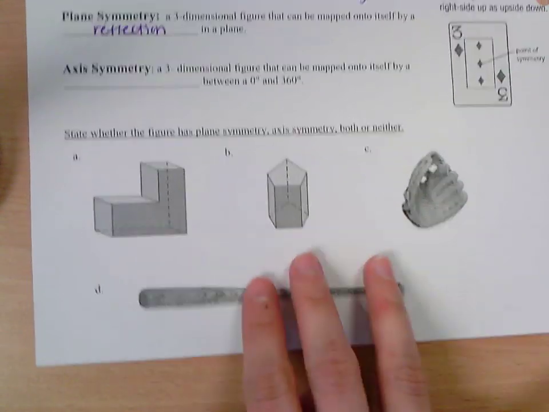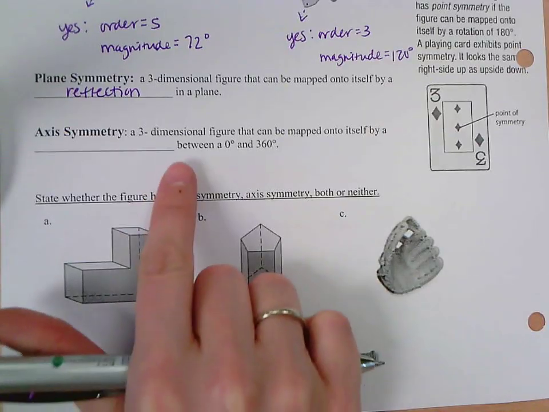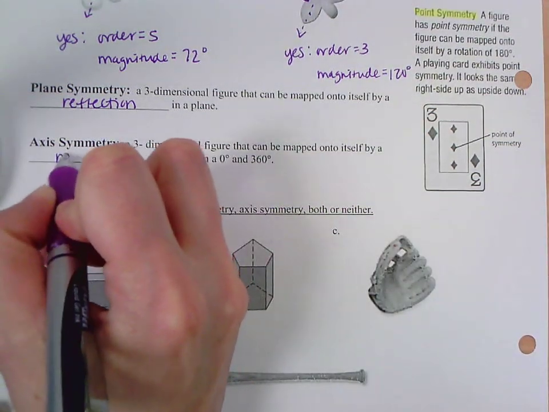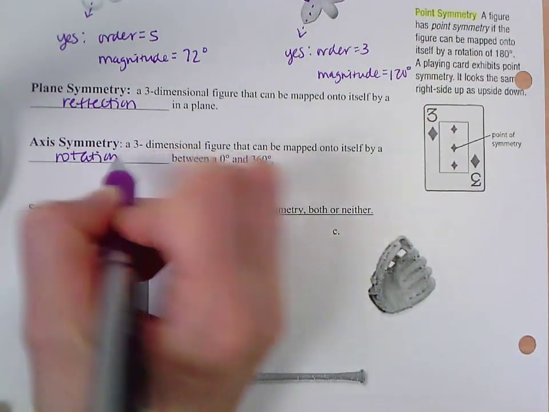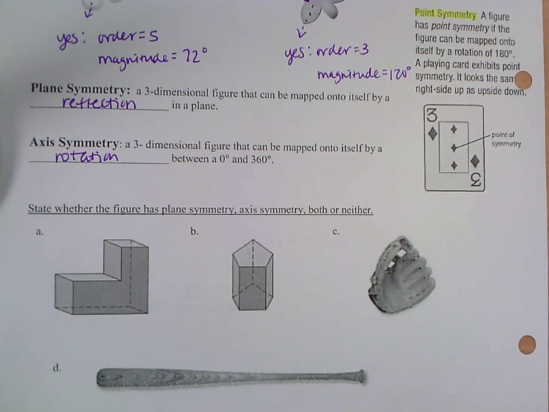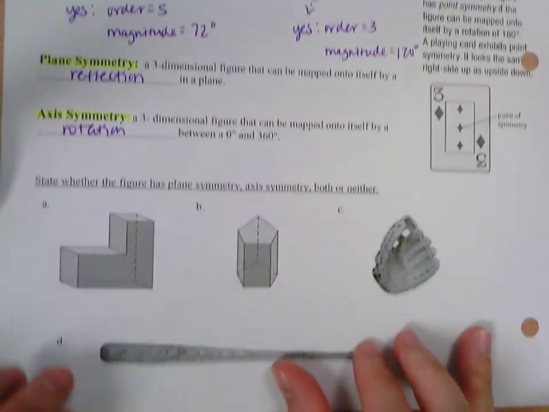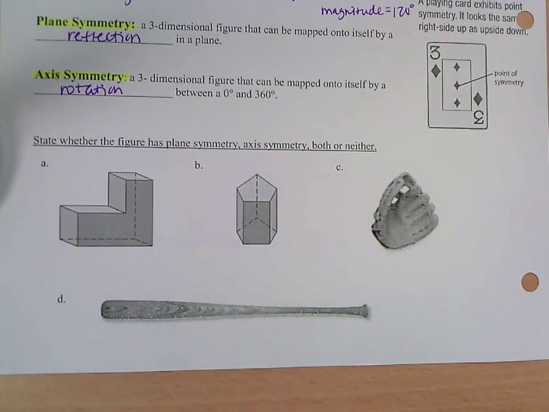And then axis symmetry: a 3-dimensional figure has axis symmetry if it's mapped onto itself by a rotation between 0 and 360 through some axis. These might be a little harder to picture. It's a little harder for me to show because 3-dimensional drawings are kind of difficult.